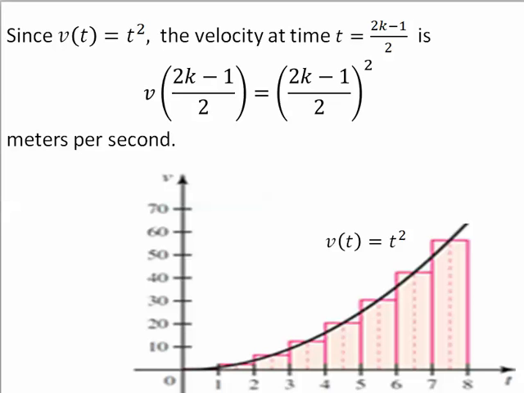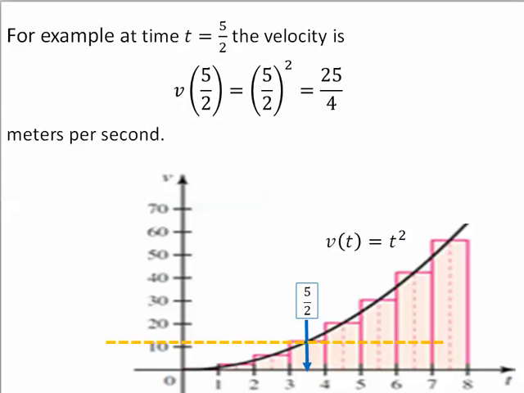And notice that we can express the midpoints using a formula. Since velocity is the square of whatever time it is, the velocity at time (2k minus 1)/2 will be ((2k minus 1)/2) squared, and that's meters per second.